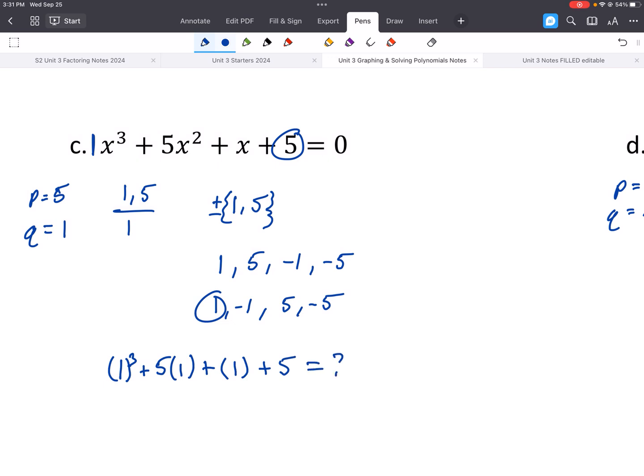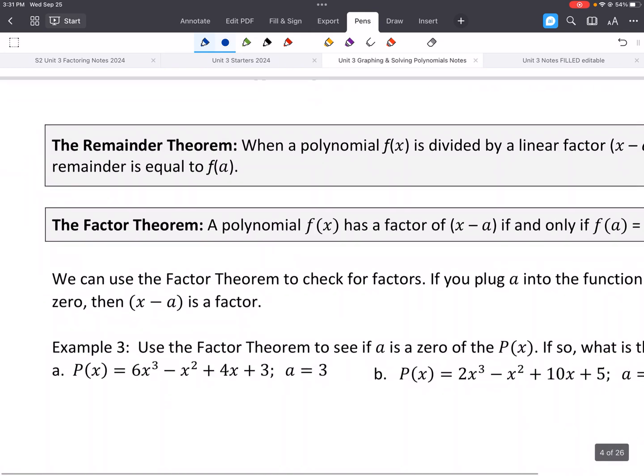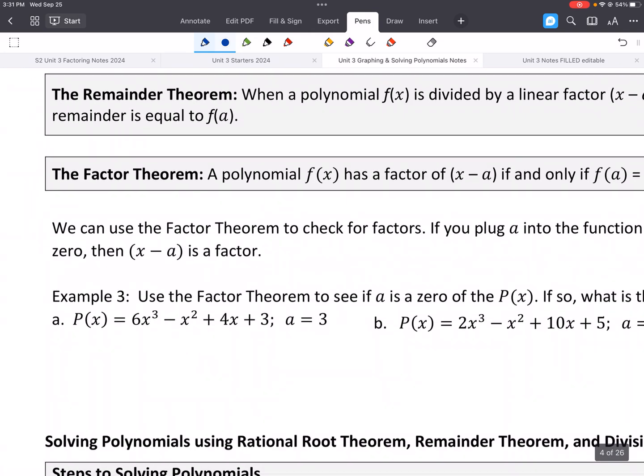If it's a 0, then 1 is a root. If it's not 0, then it's not a root. So that's one way you could do it: you could just plug in the numbers and see if you get what you're looking for.